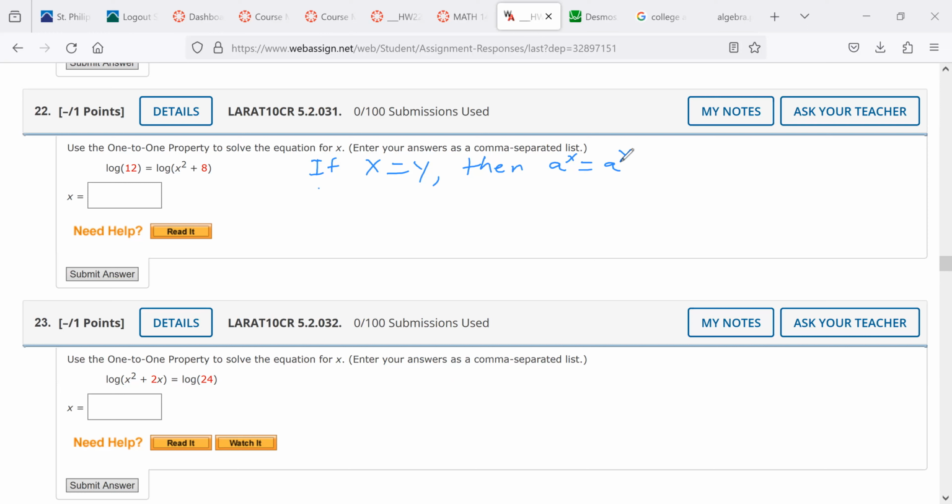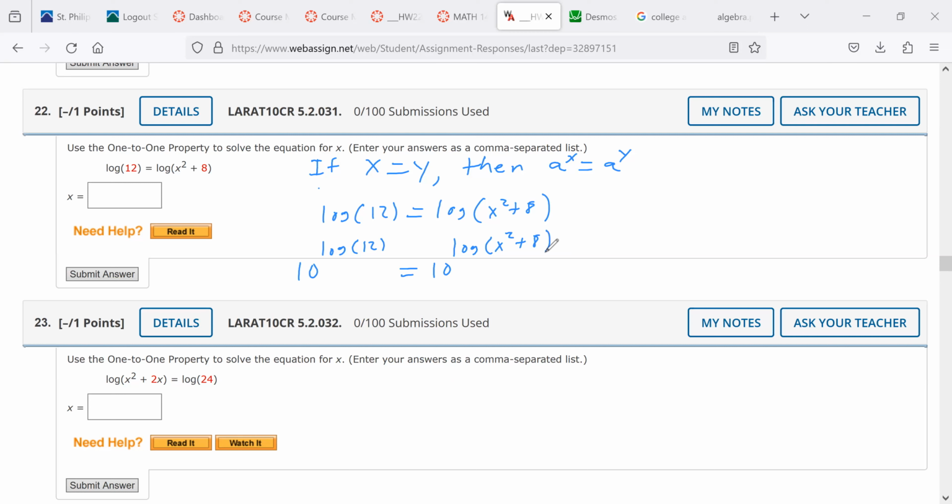So I'm going to choose a base a to help me. So I have log 12 equal to log of x squared plus 8. Introduce the base that'll help. I'm going to choose 10 and make these the powers. So now 10 will cancel log base 10.